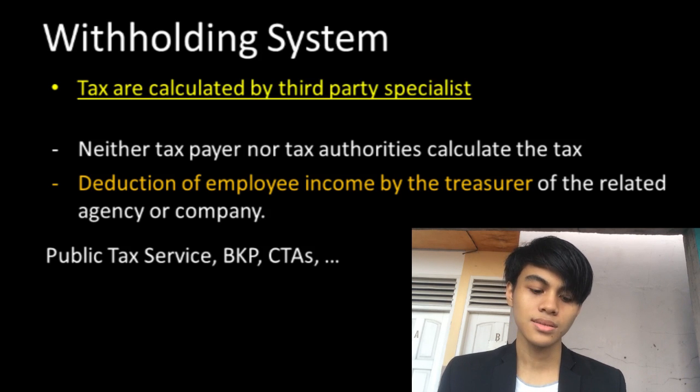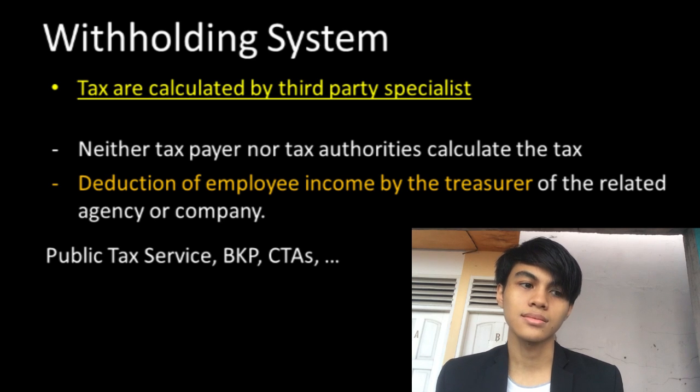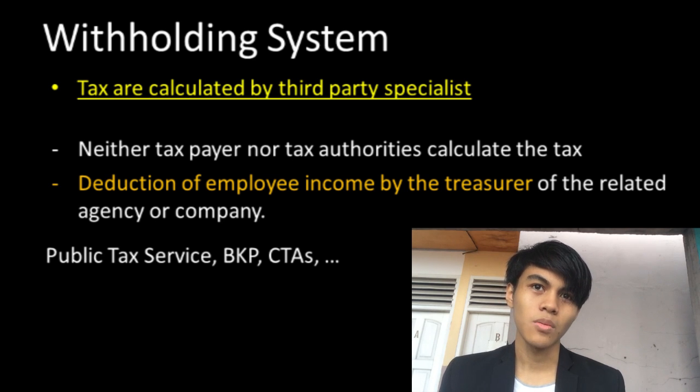The third is the withholding system, which is quite different from self-assessment and official assessment, because with the withholding system, people use a third-party official to calculate and control their taxes. So it's like having someone else deal with your tax.